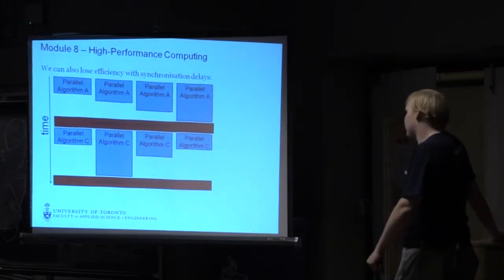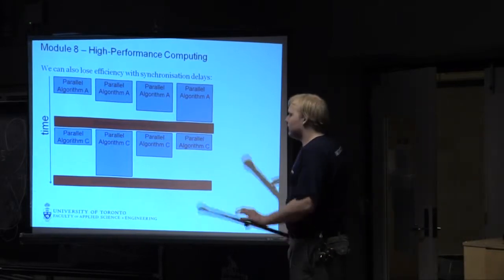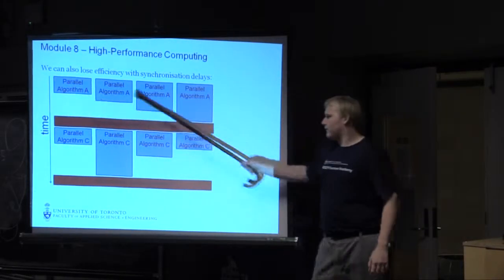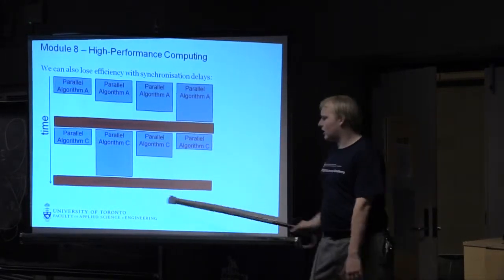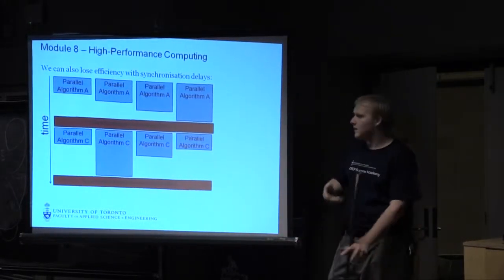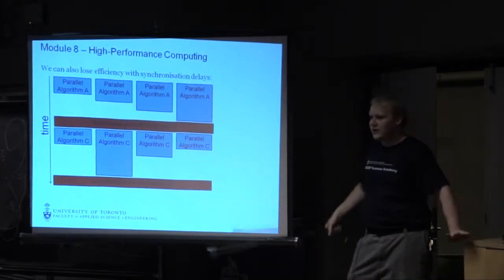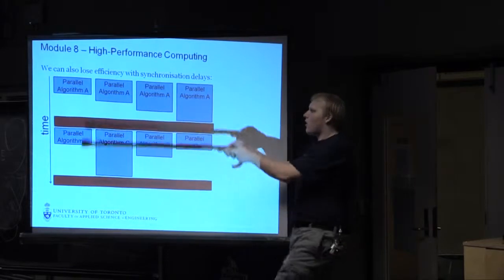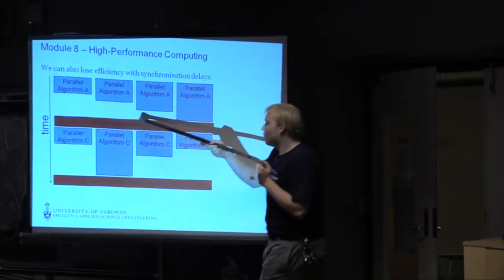There are a couple of problems with parallel algorithms. So let's say we want to do an algorithm. We have a parallel section, a sequential section, another parallel section, another sequential section. This sequential section uses all the data generated by the parallel sections. But we have to wait until they're all finished before we can run this. And that means that we have a lot of wasted space.